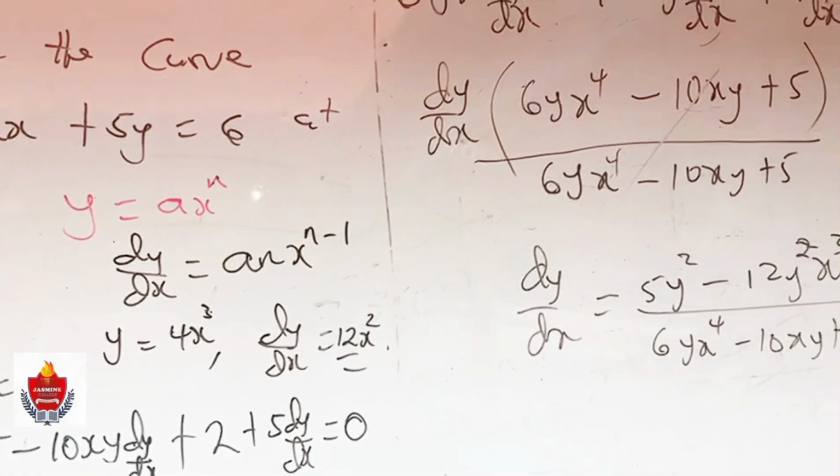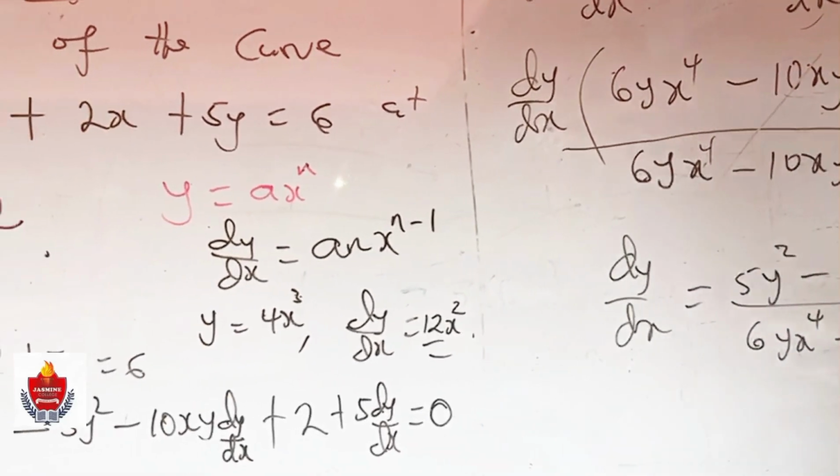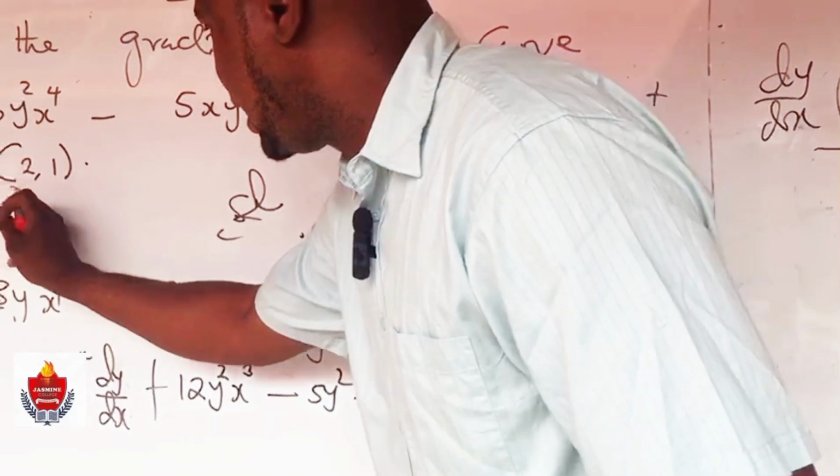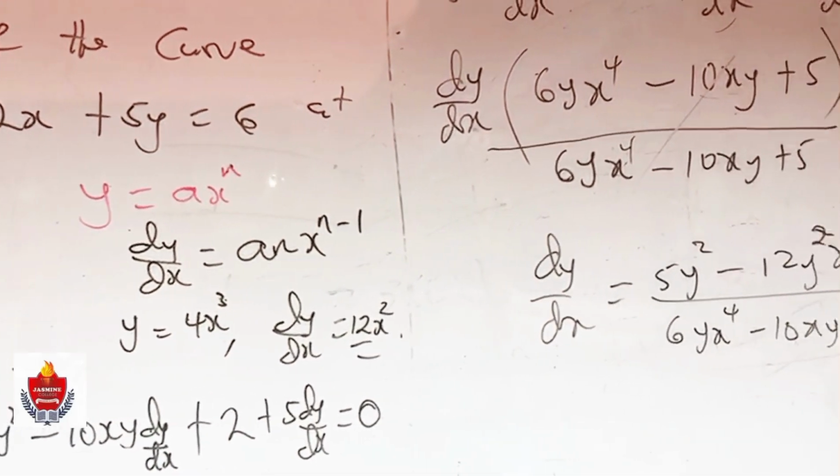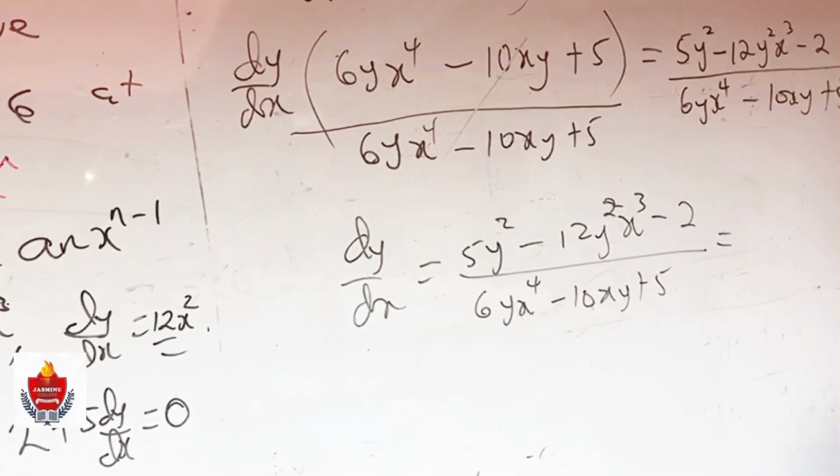So the corresponding value here, we are saying that at this point, x must be seen as 2 and y as 1. So transfer the values straight into this expression.